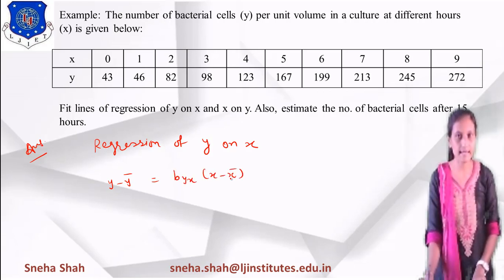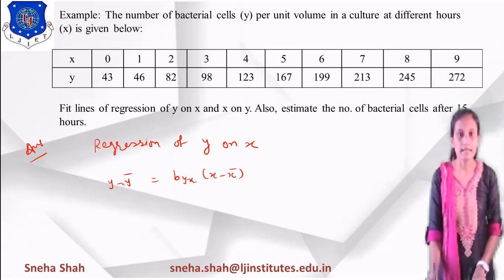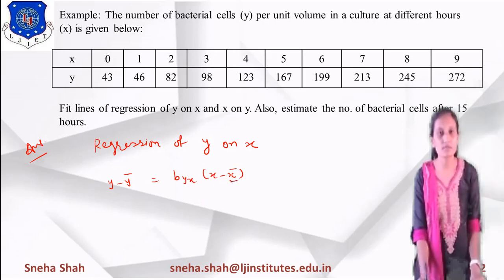Here b_YX is the regression coefficient. X and Y values are given, and Y bar and X bar are the mean values of X and Y. So first of all, we have to find the values of X bar and Y bar, and then find the value of the regression coefficient.